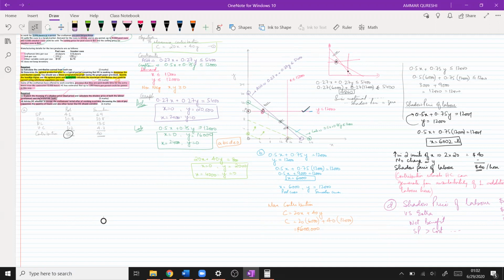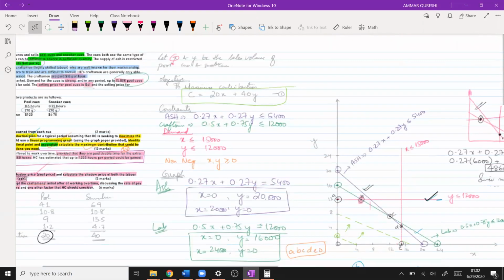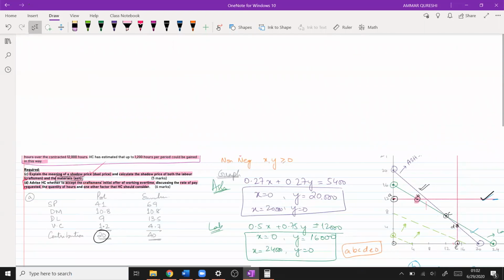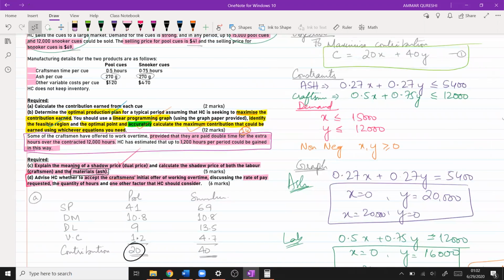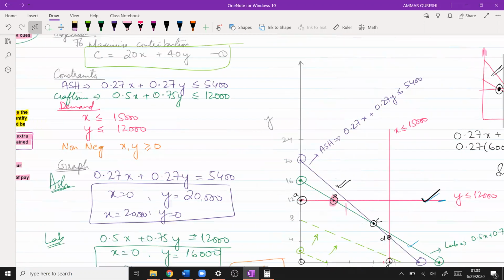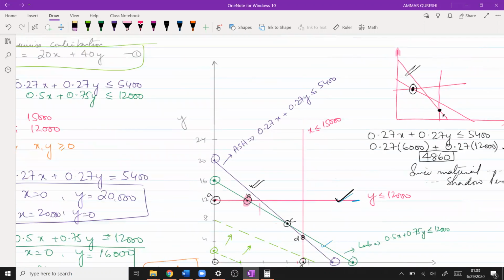So this question is actually asking you whether you can utilize these 1200 hours or not. Because after labor, material is also a limiting factor, and there's a very narrow distance between labor and material.